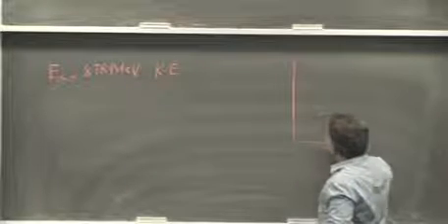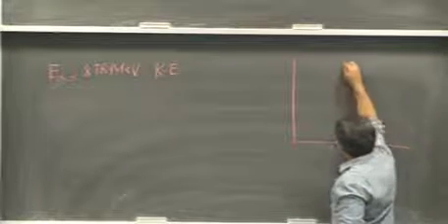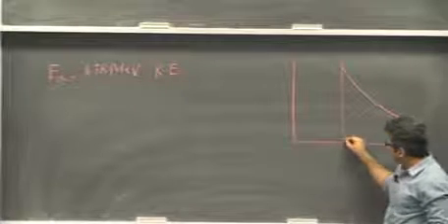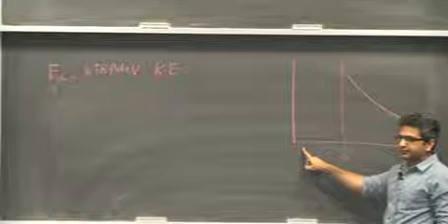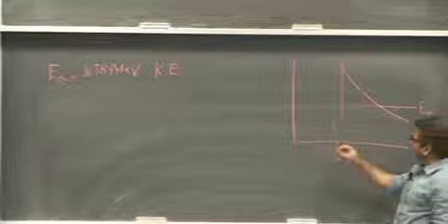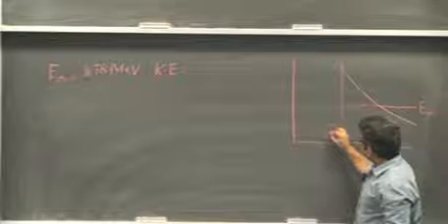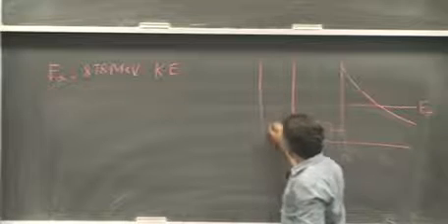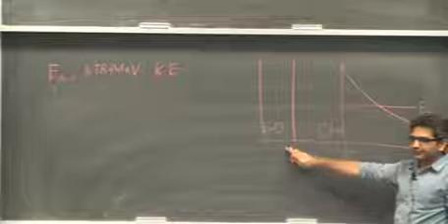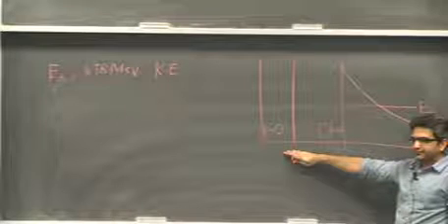So before it emits, it is residing in this potential well. So it is residing in the region less than R naught. It emits with the kinetic energy E alpha. Let's assume that the alpha particle is bouncing off from the wall of this potential well. This is inside the nucleus.